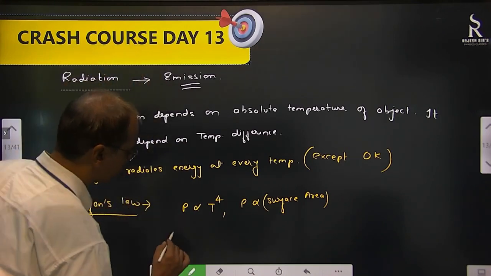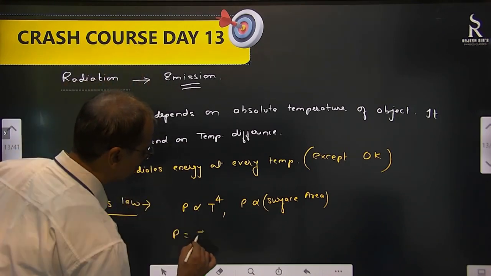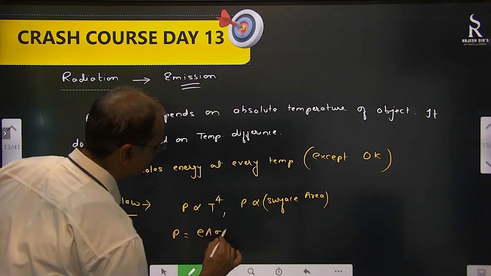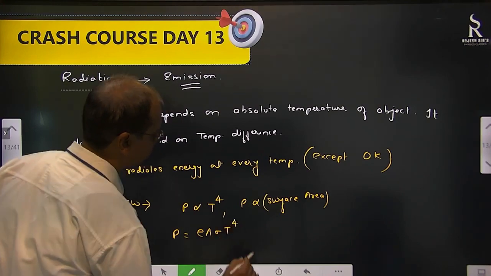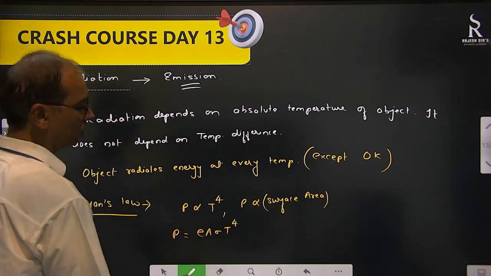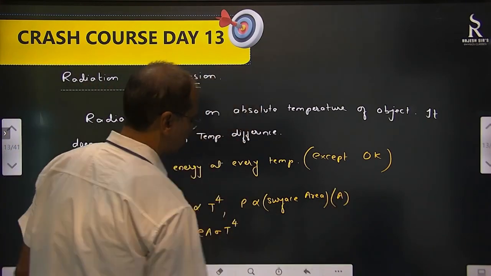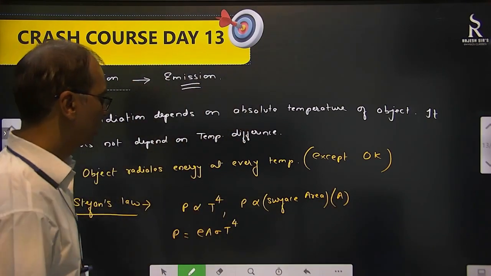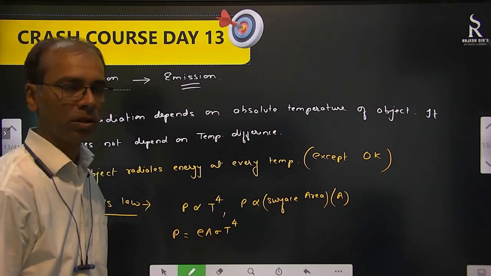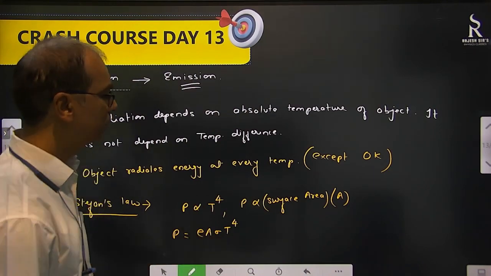So this power, if we combine, then the formula comes out to be E A sigma T to the power 4. T to the power 4 only, and A is surface area, E is emissivity and sigma is Stefan's constant.